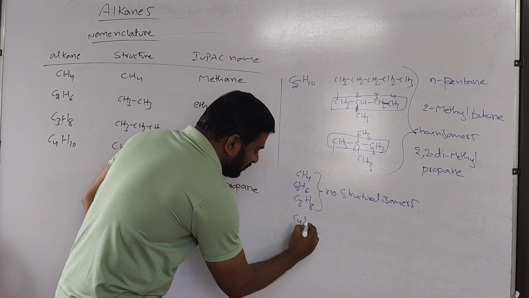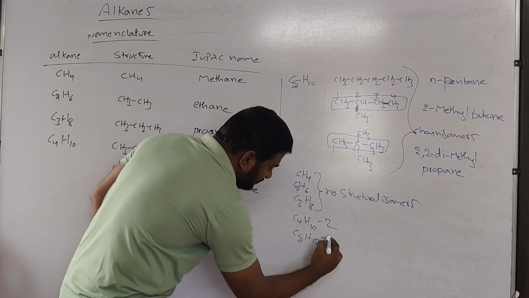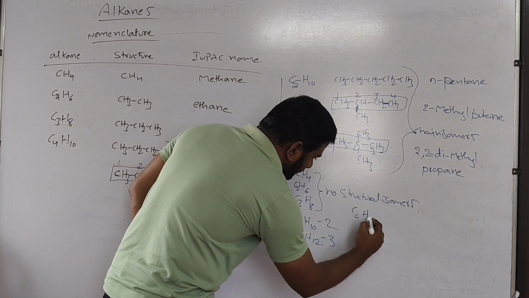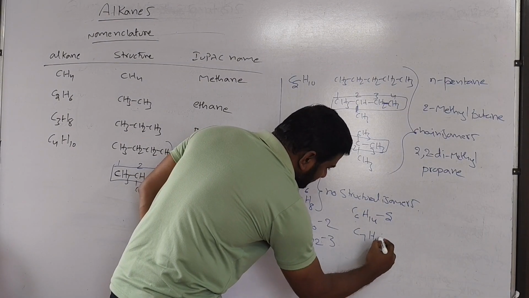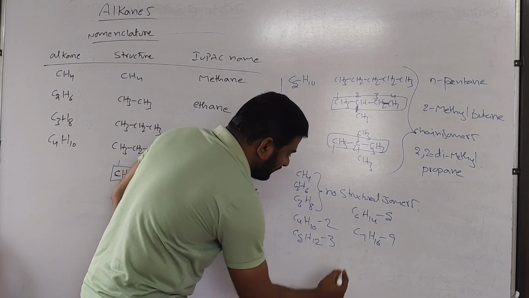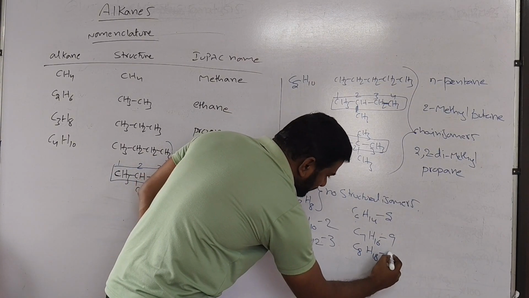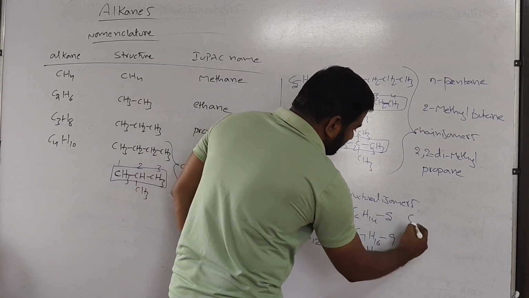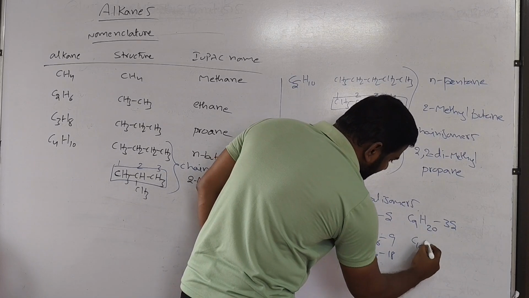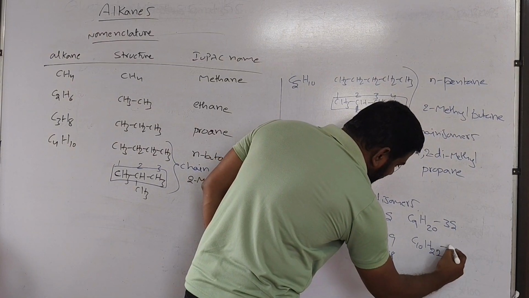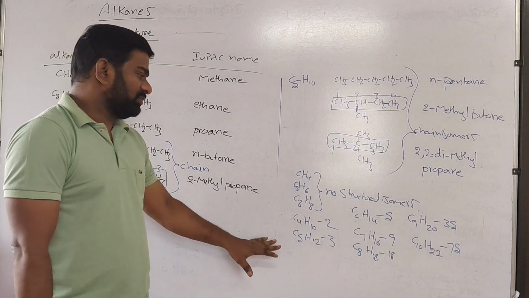Next, C4H10 has 2, C5H12 has 3, C6H14 has 5, C7H16 has 9, C8H18 has 18, C9H20 has 35, C10H22 has 75. So for all these alkanes up to decane, these many chain isomers are possible.